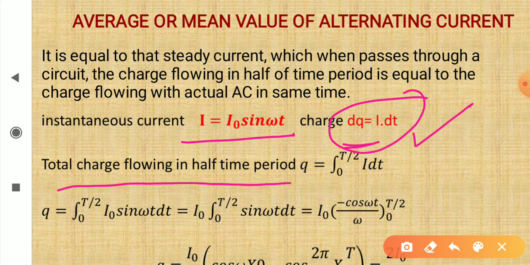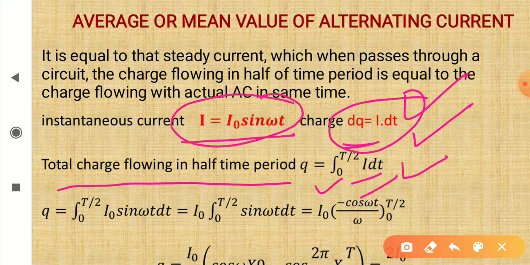So the total charge will be integration of this term from 0 to T by 2. So q is equal to integration 0 to T by 2 I dt. Now put the value of I from this one. So you get q is equal to integration 0 to T by 2 I naught sin omega t dt. Now I naught is peak current, constant, take out, integration of sin omega t.